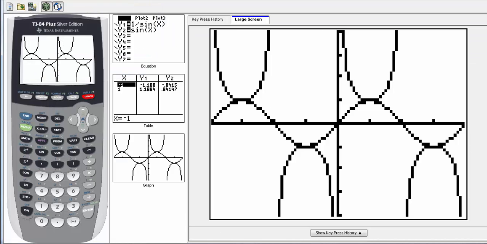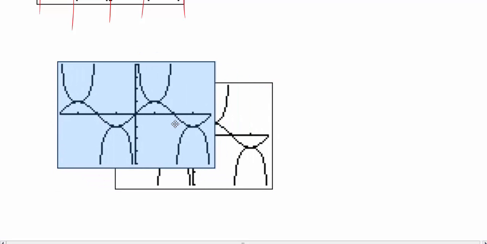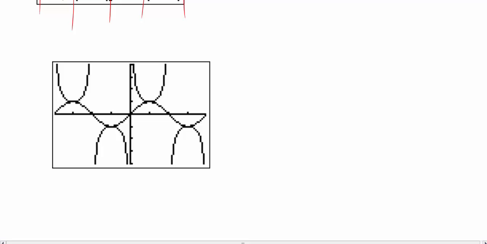So let's see if we can make some kind of conclusion based on this here. If we notice the points here, whoops, let's use our red marker here.